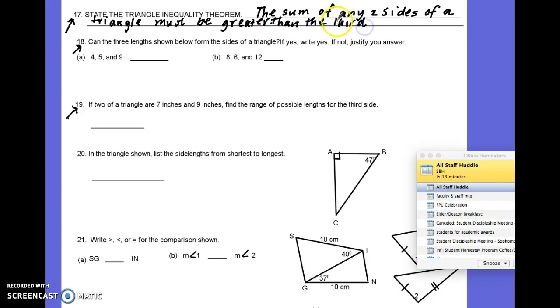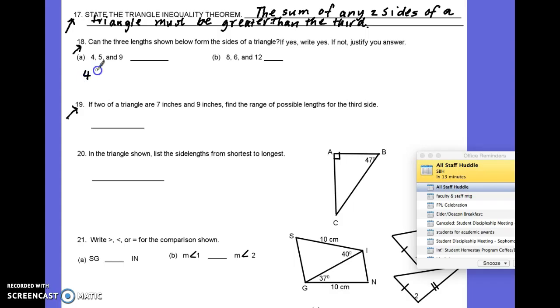We're going to use it right away in number 18 and 19. What does it say? Can the three lengths shown below form the sides of a triangle? If yes, write yes. If not, justify your answer. So let's take these three lengths, say 4 inches, 5 inches, and 9 inches.